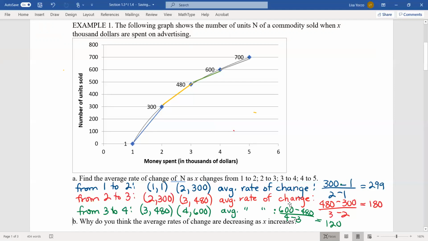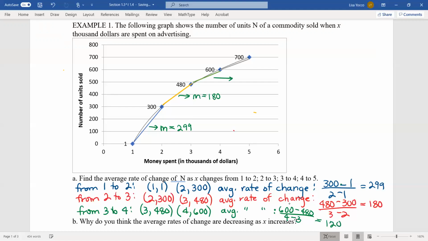All right, so let's go back and look up at the graph. The little blue line, we're saying that the slope of that line, which is the average rate of change between the 2 points on the curve, the slope there is 299. For the little yellow segment, the slope is 180.